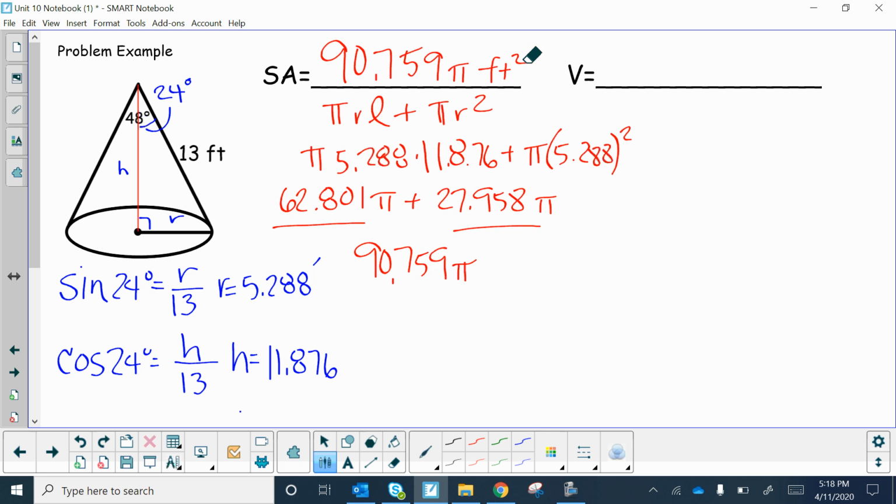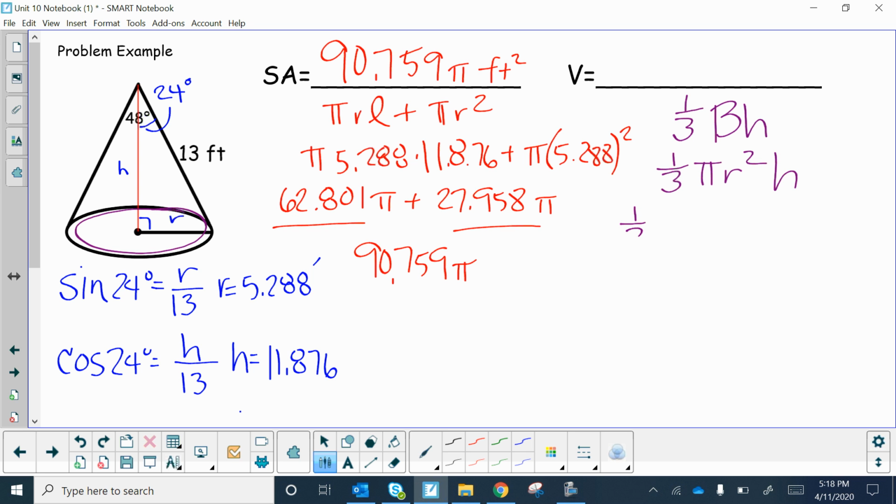So now let's find the volume. Volume is 1/3 capital B times H, where capital B stands for the area of the base, and the base is always going to be a circle for a cone. So it's going to be 1/3 pi r squared times the height.